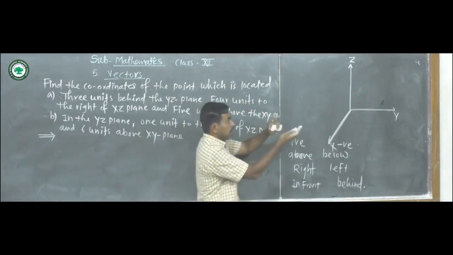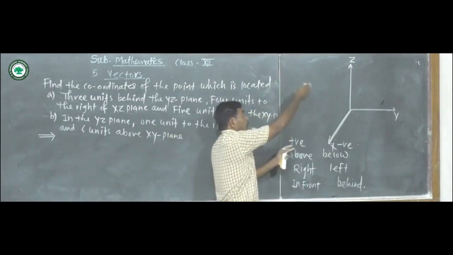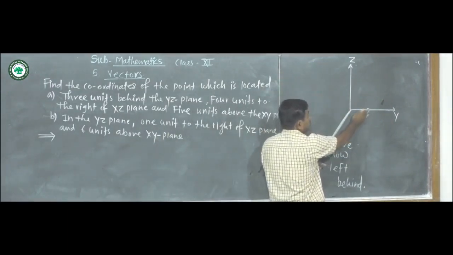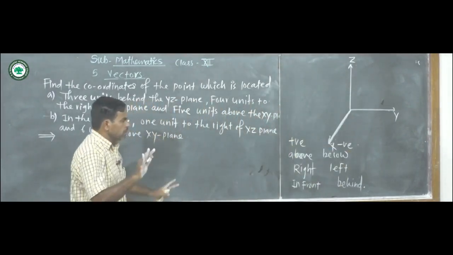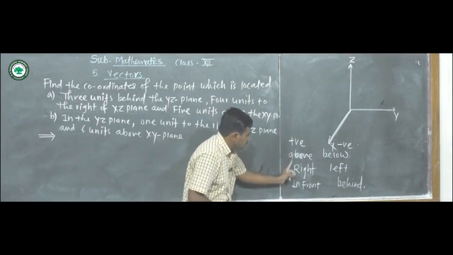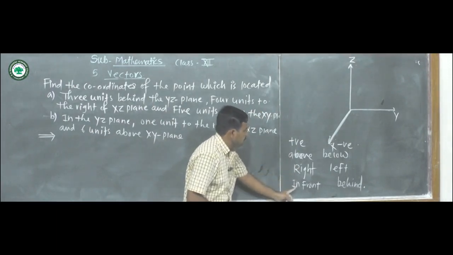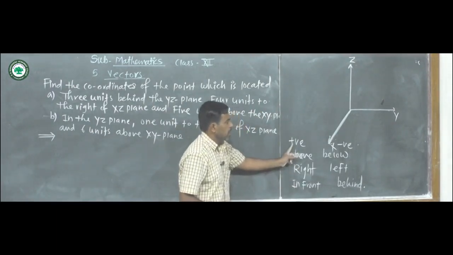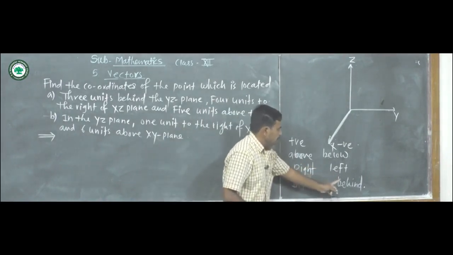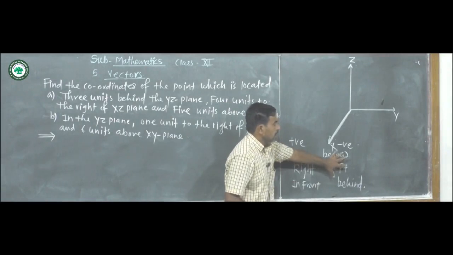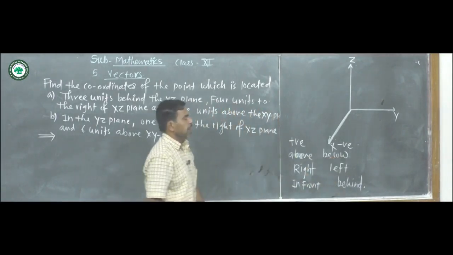Or if the point is behind this blackboard, means the point is behind the YZ plane, then its x coordinate is negative. So remember only these words: above, right, in front, the sign for the corresponding coordinate is positive. Below, left, and behind, the sign for that corresponding coordinate is negative.